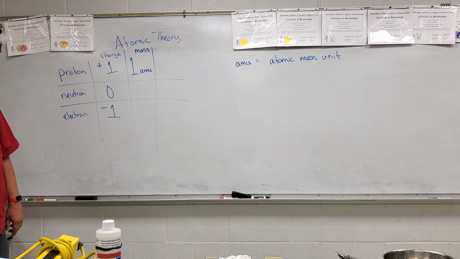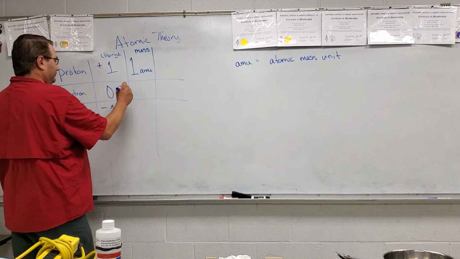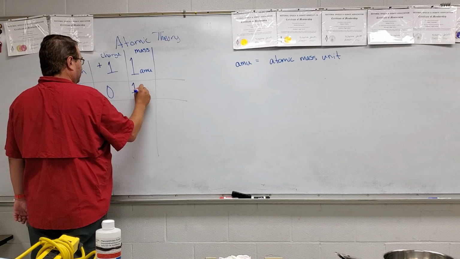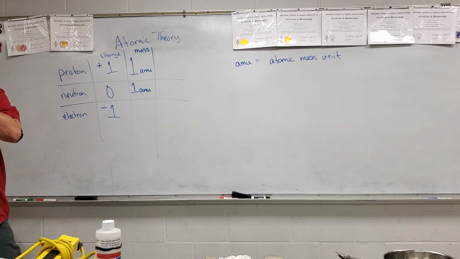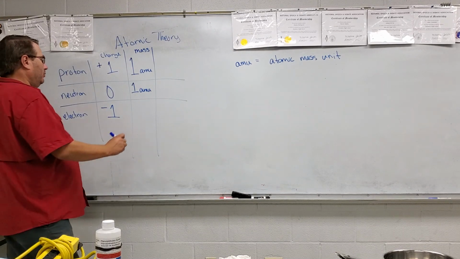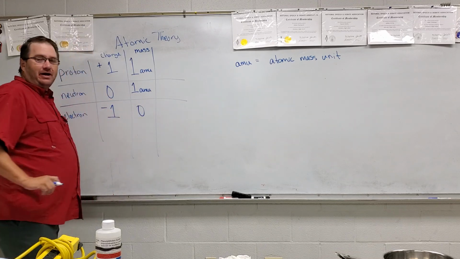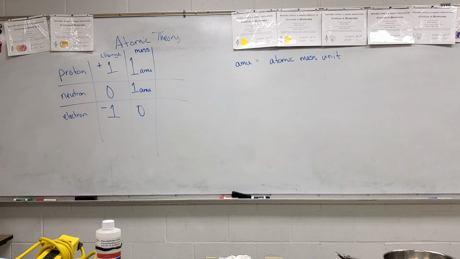What about a neutron? Pretty much the same. It's 1 AMU. And an electron? Isn't it like a thousandth of an AMU? Yeah, very small. We use 0 for its mass, even though it has a slight mass. But it's so slight, it really doesn't matter.